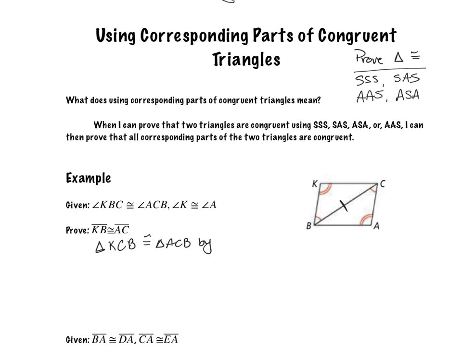So now, that's what we've been doing, right? So we said angle, angle, side. So now I know that, if I look, are KB and AC corresponding sides in these triangles?